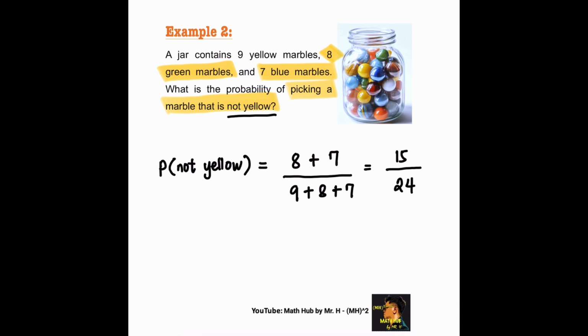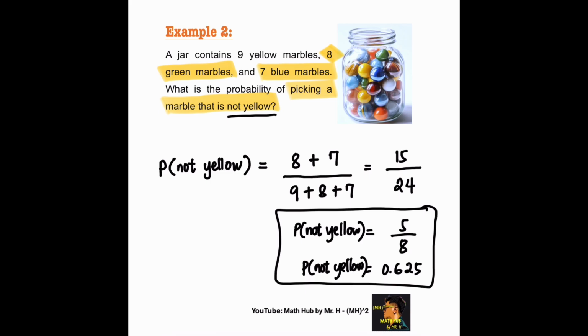We need to reduce the fraction, so 15 divided by 24. The answer here is 5/8. If you want to express it in decimals or percent, depending on the instructions, you may do so. It will be 0.625, or we'd say that it's 62.5%.